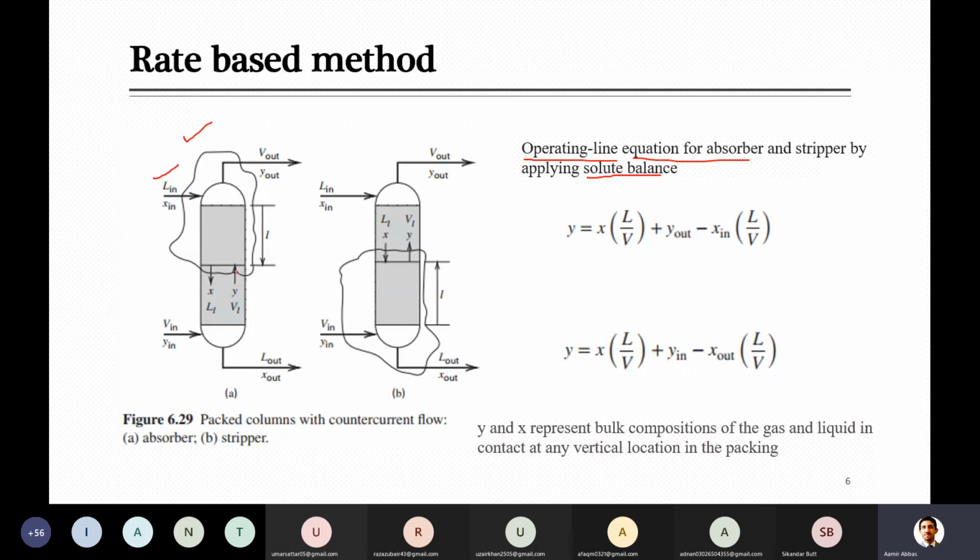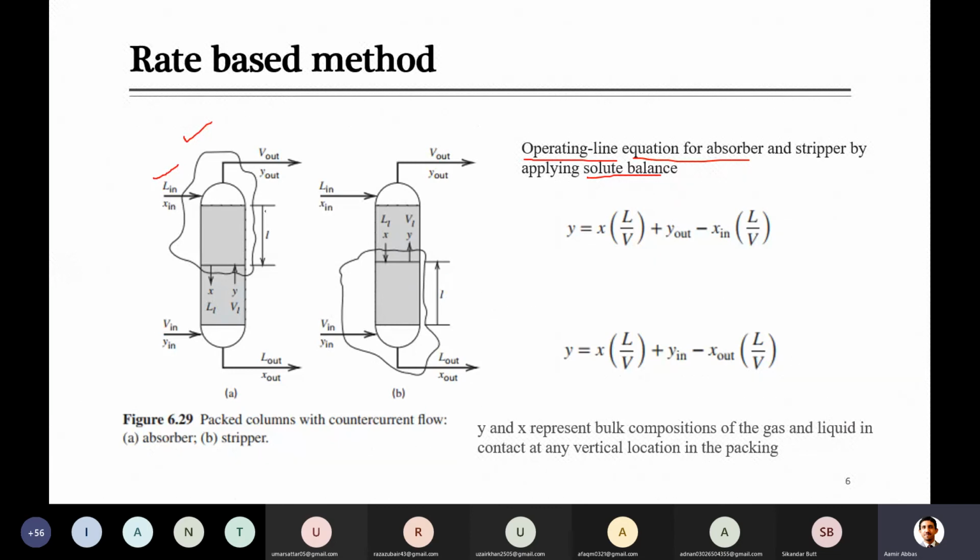And this is the vapor entering into this with the mole fraction Y and vapor flow rate, and then they are just leaving out. So if we apply the material balance on solute, its inlet can be calculated as X in L in plus Y in multiplied by V in.